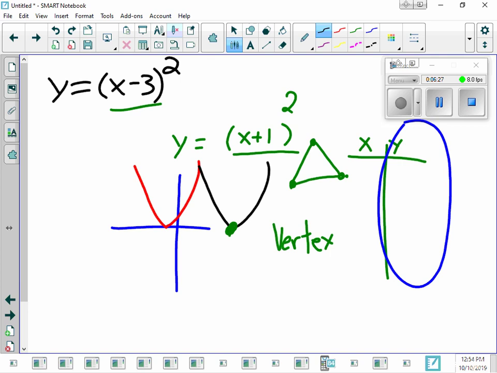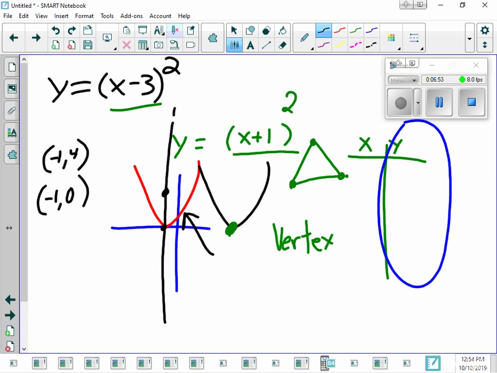Is there a line, so for this graph right here, is there a line that splits the parabola into two equal pieces? Yeah, right there. What is the equation of that line? So this point is -1, 0, but this point right here is -1, 4, and this point right here is -1, -6.